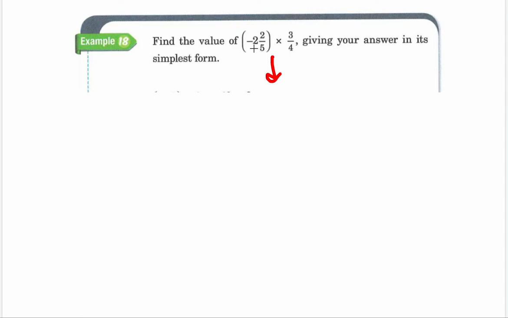So remember, our shortcut was to multiply the whole number by the denominator, and don't forget it's negative. 5 times 2 is 10, plus that remainder of 2 on the top. So 5 times 2 is 10, plus the 2 is 12. So we have 12 fifths, okay?